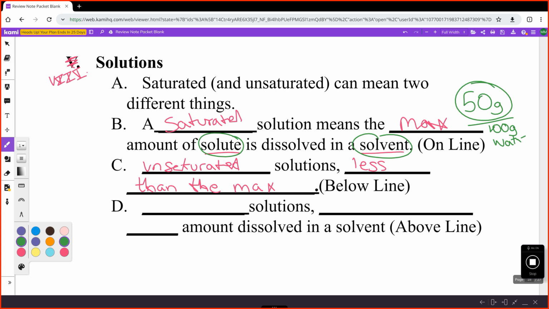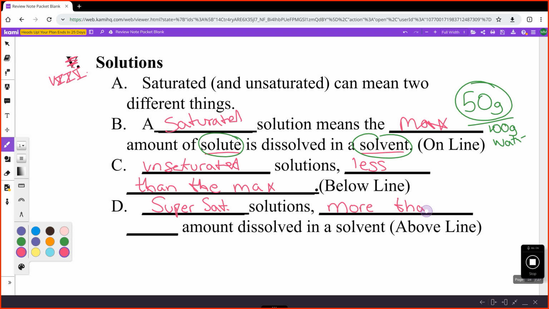And the last definition before we talk about table G is the supersaturated solution. And this is a very rare instance. It doesn't happen with all different types of solutes.